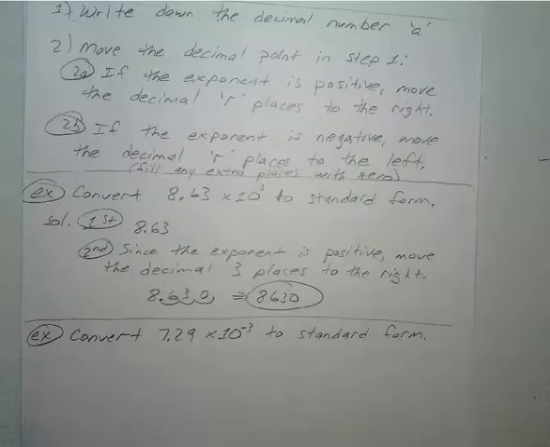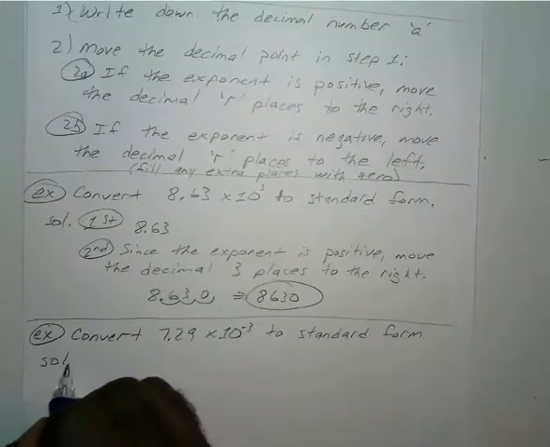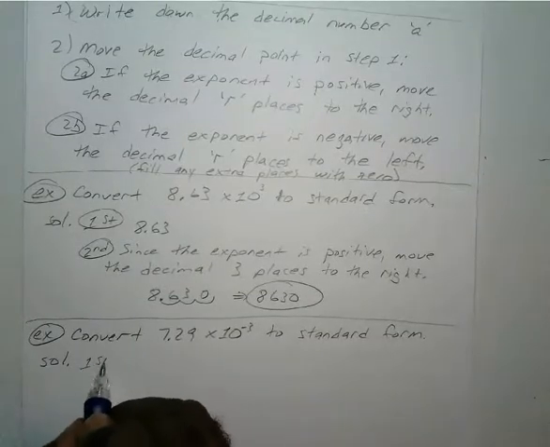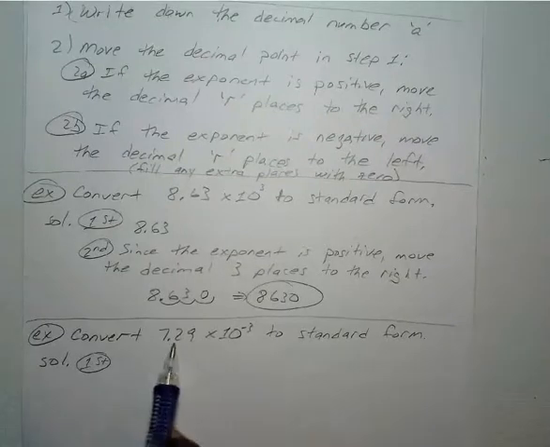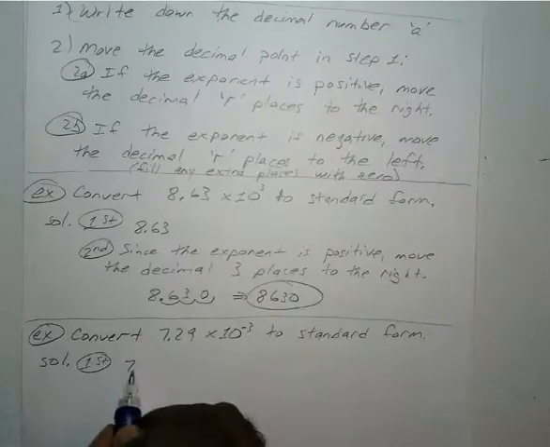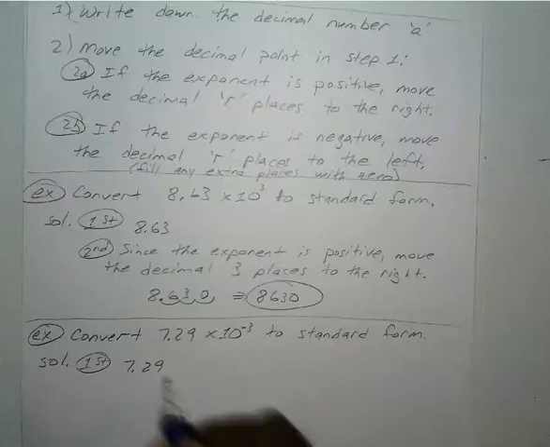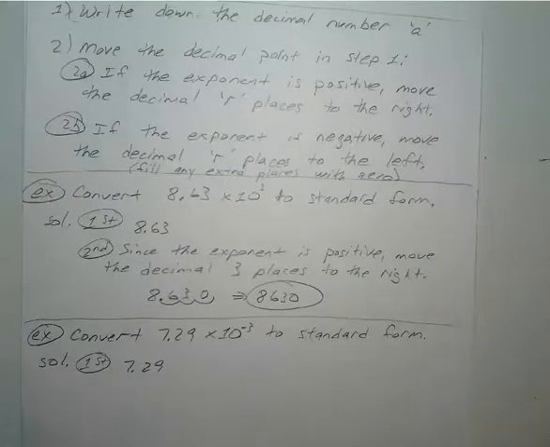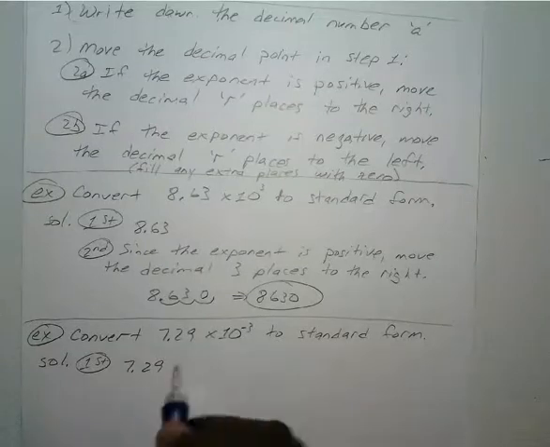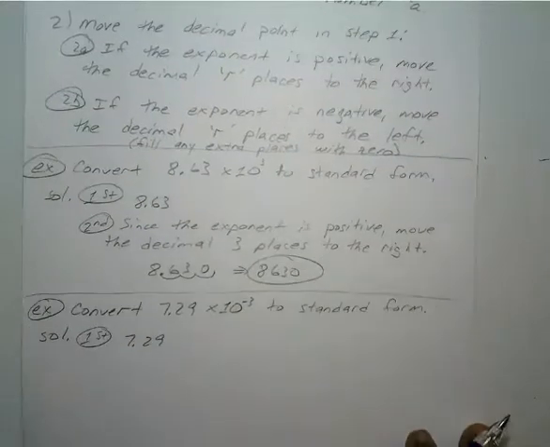All right. Again, our first step is we're going to write down our decimal number. So we have 7.29. And really, you can do steps 1 and 2 all in one. I'm just kind of breaking it down. So if you have 7.29 and that's negative, you just move it, but I'm going to go step by step.